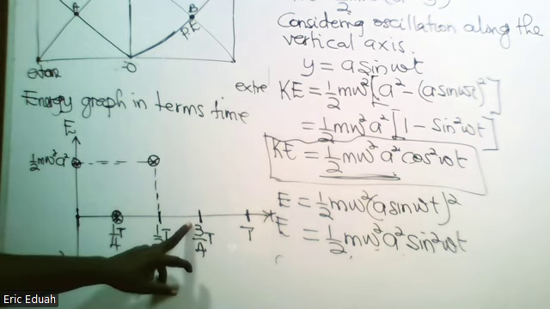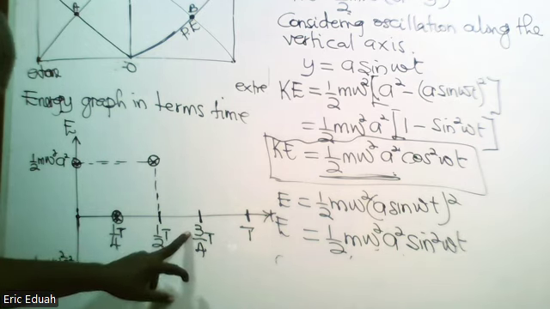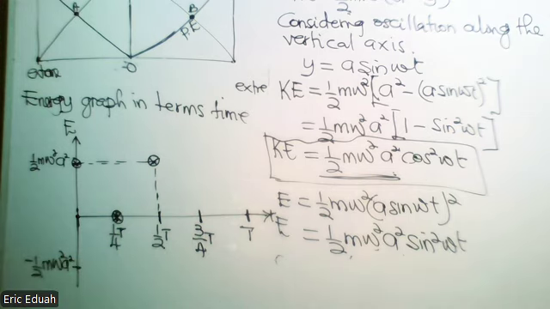When time is 3/4 of T or theta is 270, what will be the energy? 0.